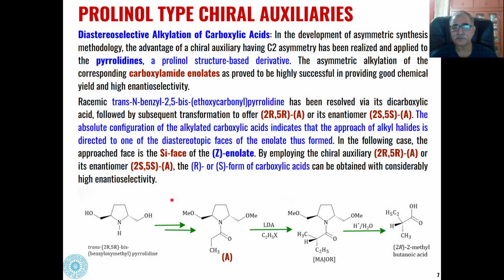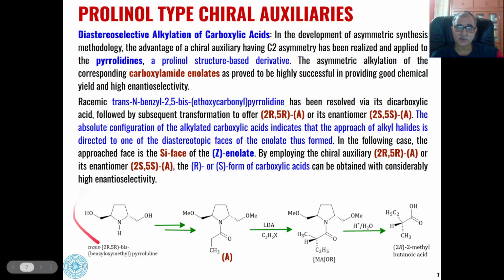Then another method which is also used for alkylation of carboxylic acid is the use of chiral auxiliaries which have C2 symmetry, and these are mostly pyrrolidine derivatives. You can see that here an additional hydroxyl group is there if we compare these with prolinol based chiral auxiliary.